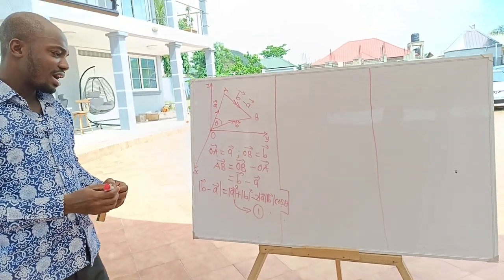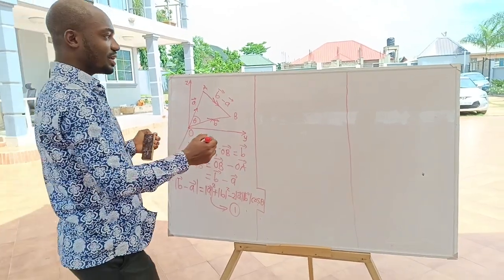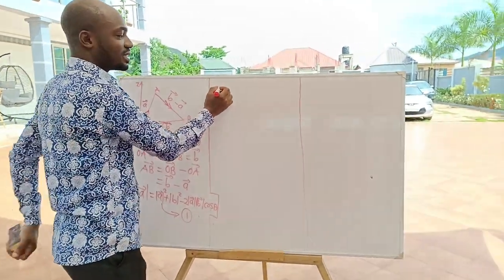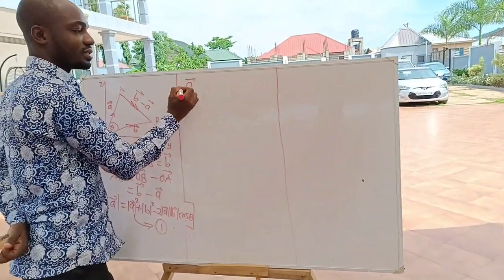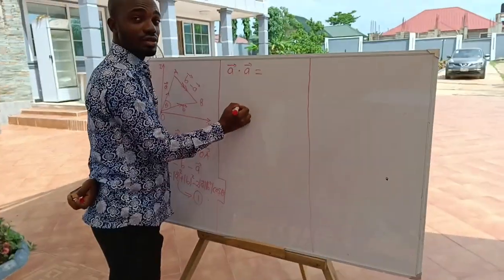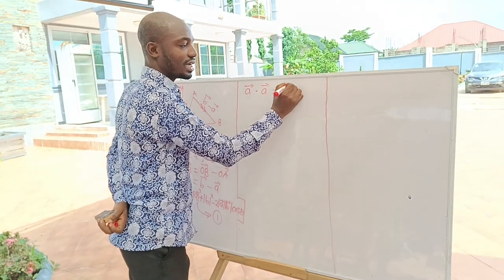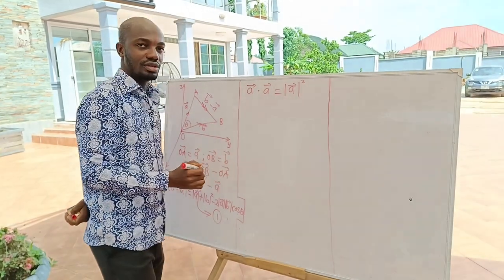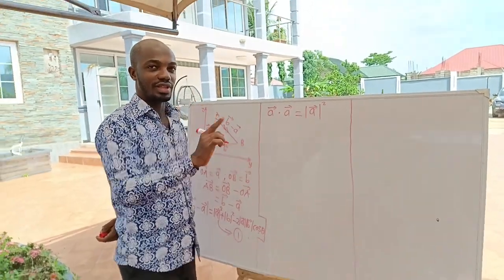Now, how do I relate this? We know that the dot product of a vector with itself is equal to the magnitude of the vector raised to the power 2, that is, the square of the magnitude of that vector.